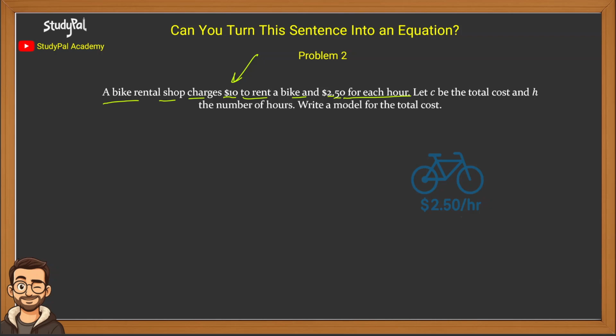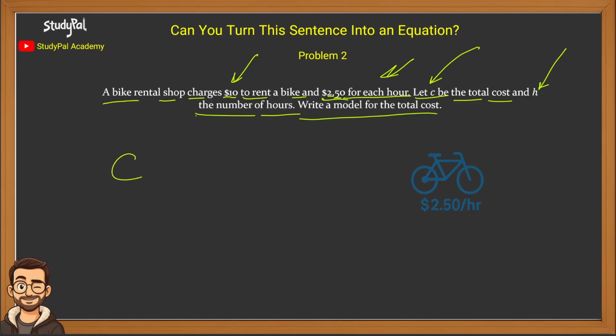It doesn't matter if you ride or not, but for each hour, you also need to pay $2.5. Again, let C be the total cost, and H the number of hours. Write a model for the total cost. Again, we have two variables here: C, the total cost, and H, the number of hours that you use that bike.